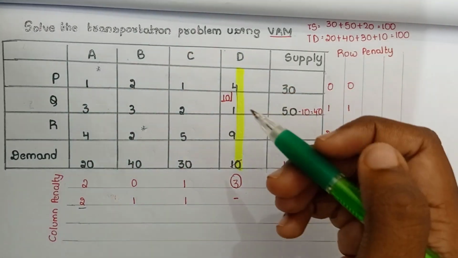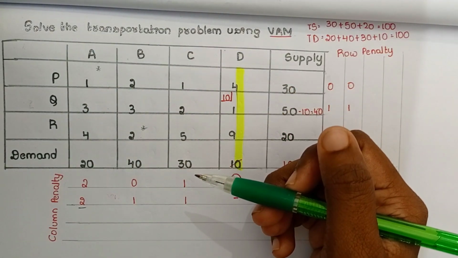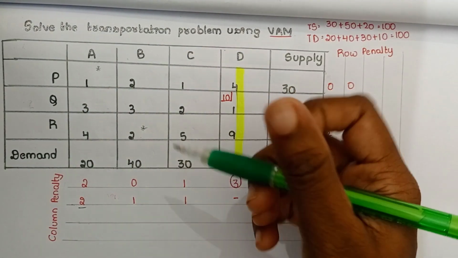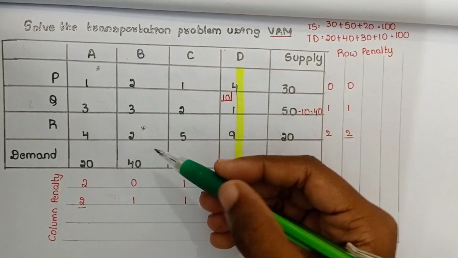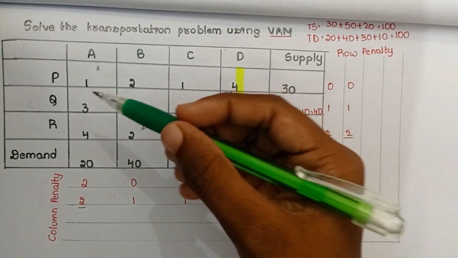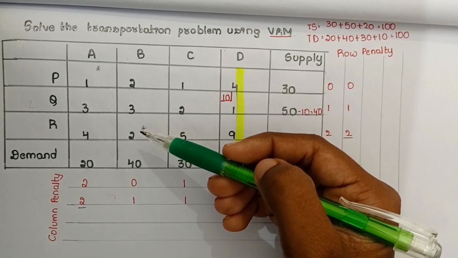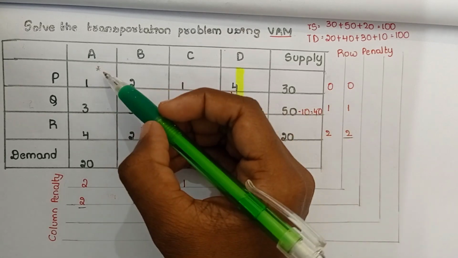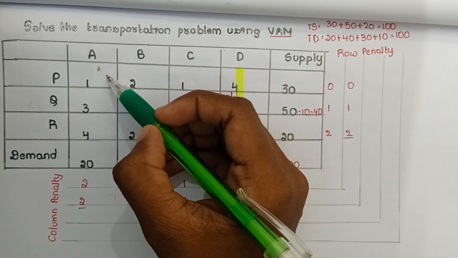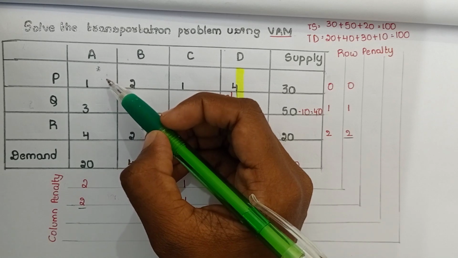So it's time to decide which cell to select. We have cell 1 and cell 2. Among 1 and 2, the least value is 1, so I will select this cell for the allocation.